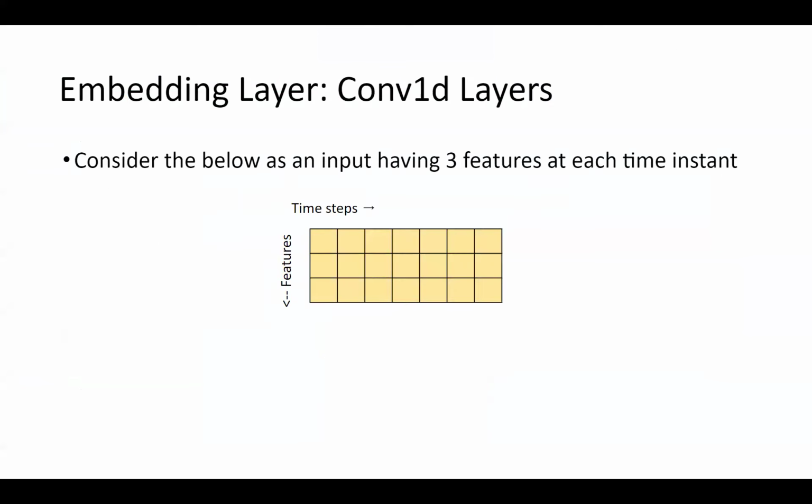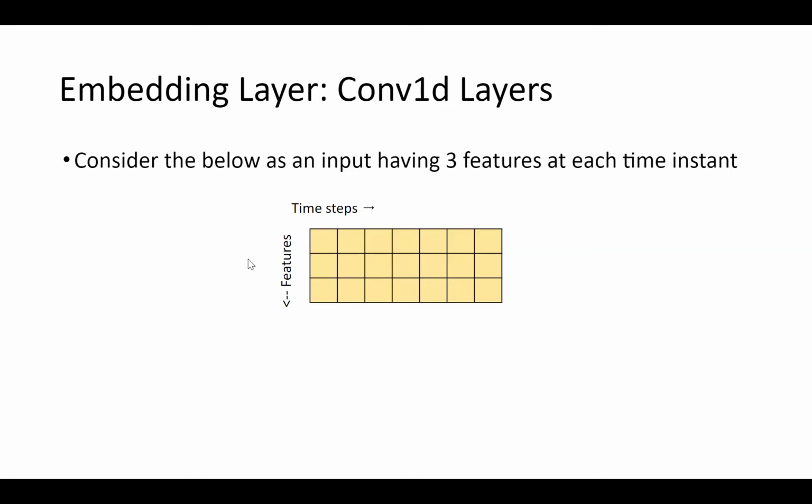So, continuing from what Jeel was explaining, we are making use of 1D convolutional neural networks in order to perform upsampling of channels from the original 27 to some higher number of features. Here let us consider a simple example wherein we have 3 features and 7 time steps.